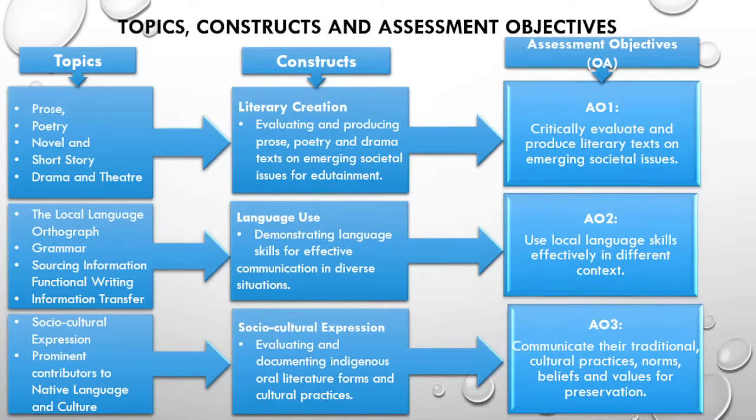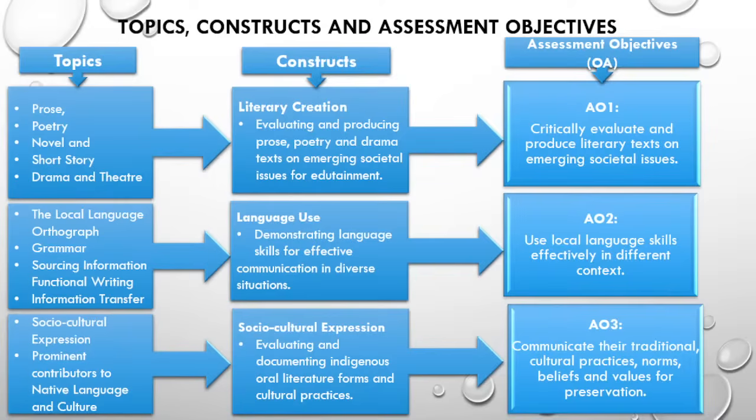Next we have the topics that are in the syllabus for local languages, then constructs and assessment objectives. When you look at the syllabus, you're going to find the following topics: prose, poetry, novel and short story, then drama and theater.